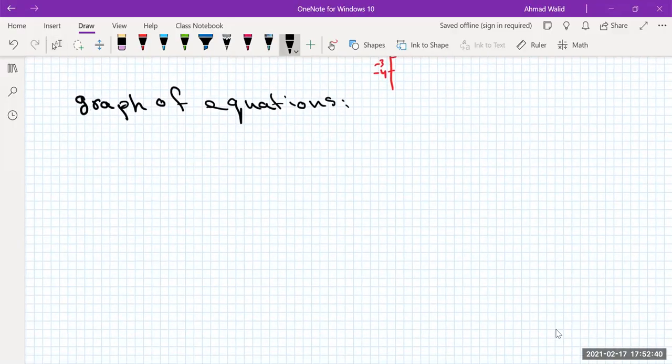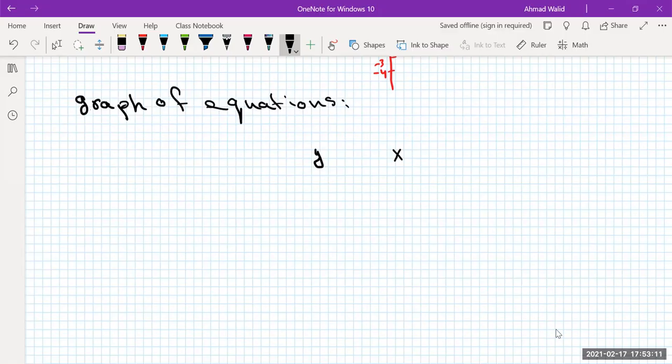We know that a relation between two quantities, for example, I have one quantity y and I have another quantity x, a relation between two quantities can always be expressed by an equation, correct?